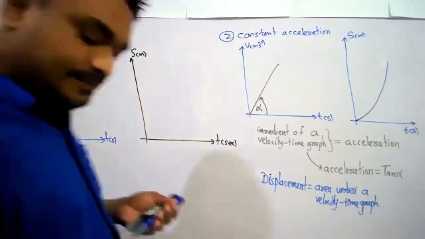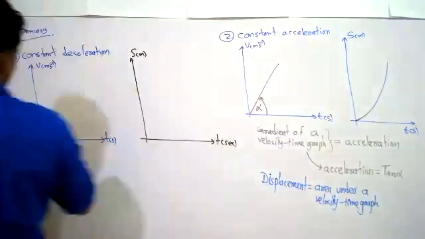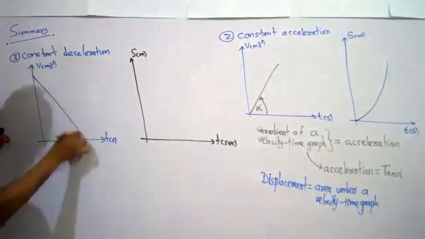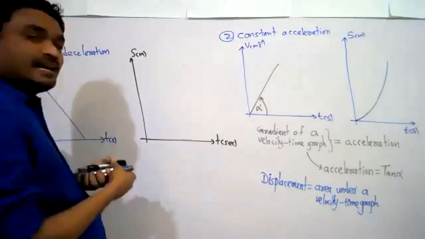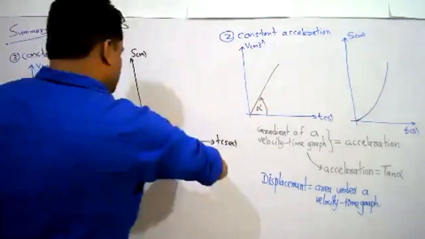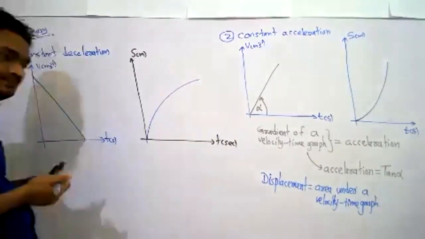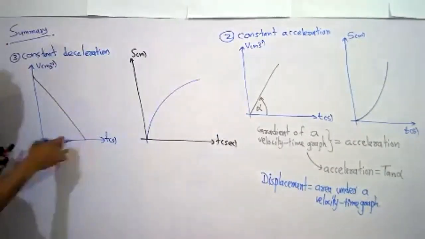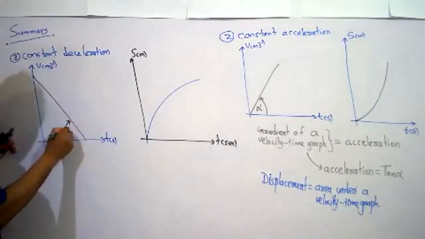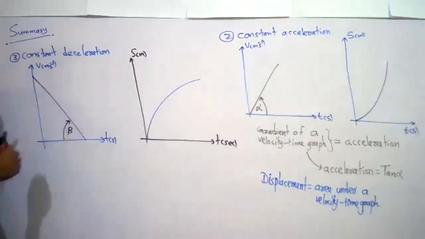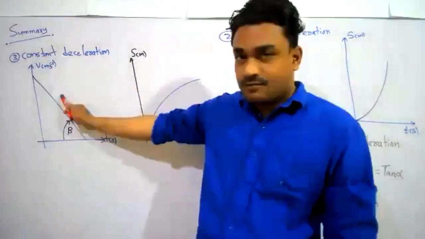Constant deceleration. In a velocity time graph, constant deceleration is represented like this. In a displacement time graph, constant deceleration is represented like this. Curve bent in this direction. And look at the board. If you find this angle, here we can't say gradient, as people know the reason. If you find tan beta, right? So this is how we represent constant deceleration in a velocity time graph.